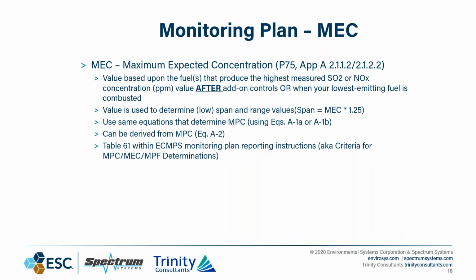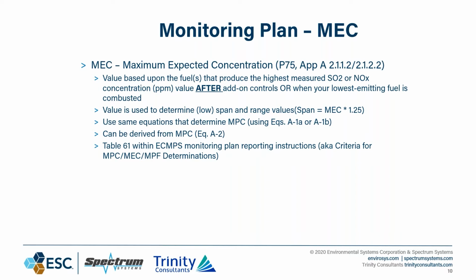Another element of your monitoring plan is your expected concentration, your maximum expected. Whereas your max potential is a value that occurs before your emissions controls, your maximum expected concentration is based upon the fuels that produce the highest measured SOx or NOx after your add-on controls, or when your lowest emitting fuel is combusted.